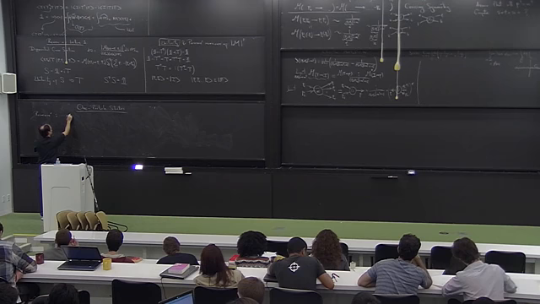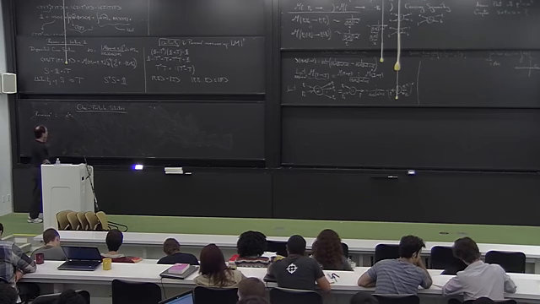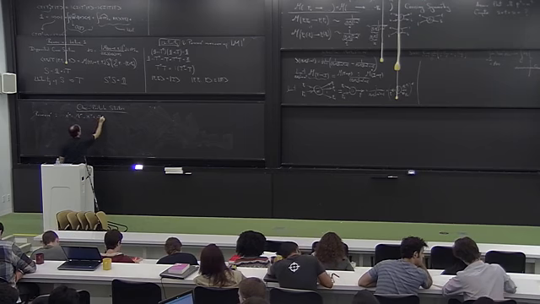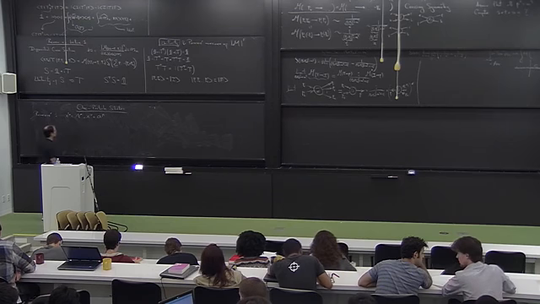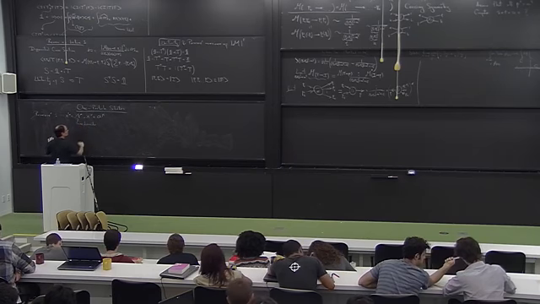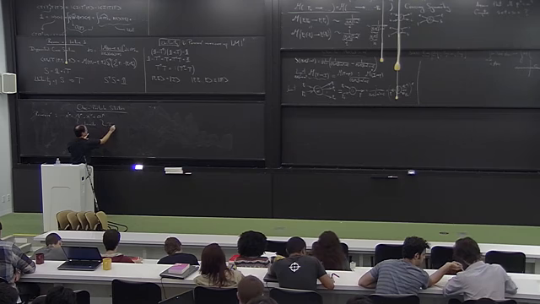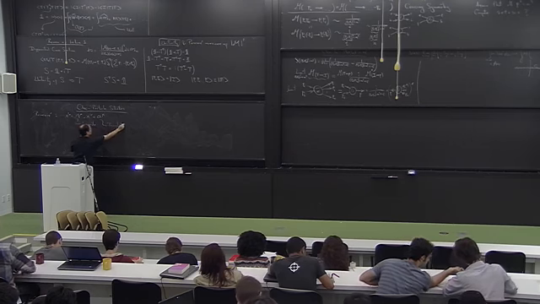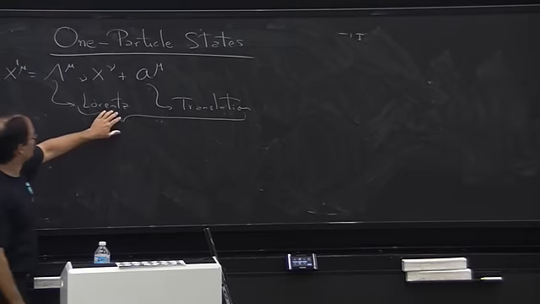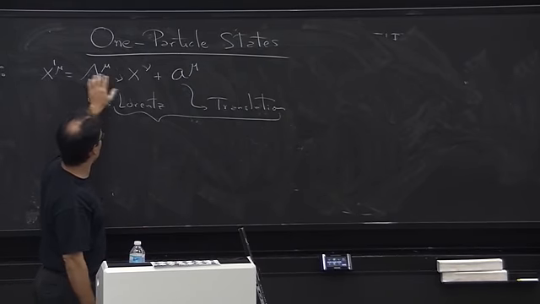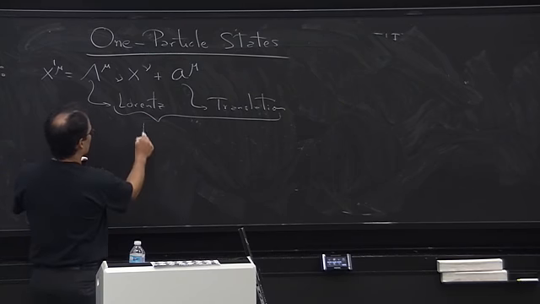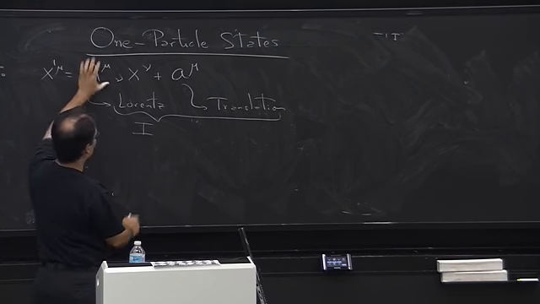So just to set up our notation, we know that on coordinates, Poincaré acts as follows, where this is a Lorentz transformation, this is a translation, and together, when people find a group that has this structure, they usually call it the inhomogeneous version of the one that you have here.